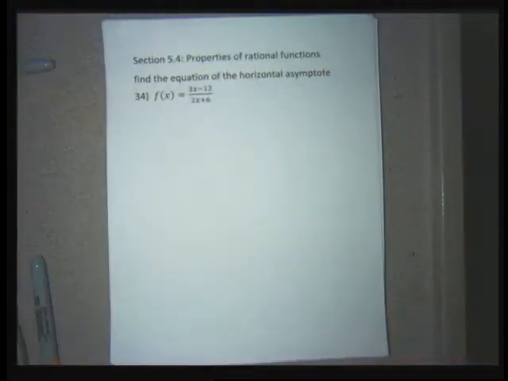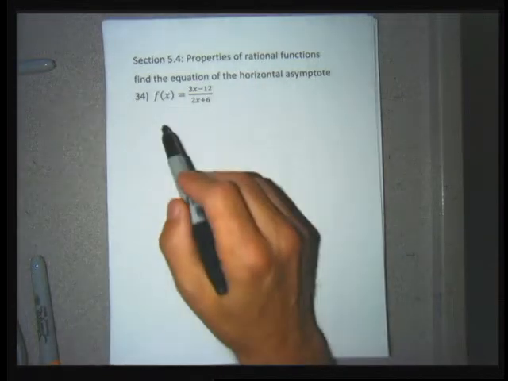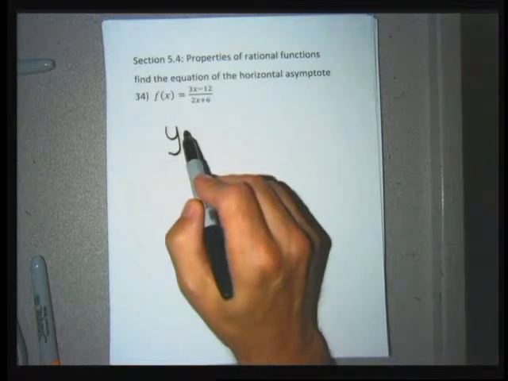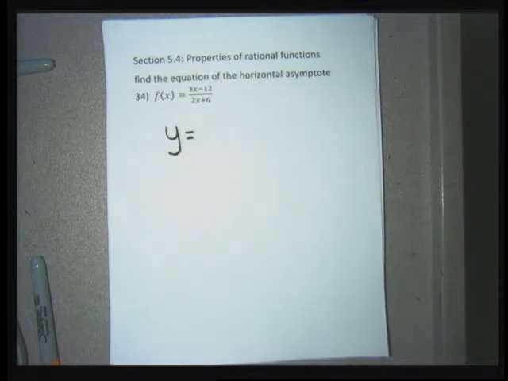Next thing, horizontal asymptote. A horizontal asymptote is a horizontal line that the graph can cross close to the origin, but eventually the graph gets drawn to this. Horizontal lines have the equation y equals.